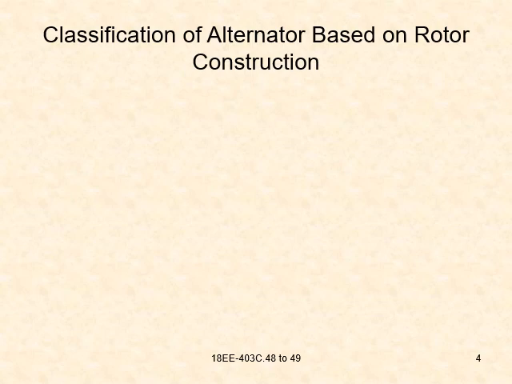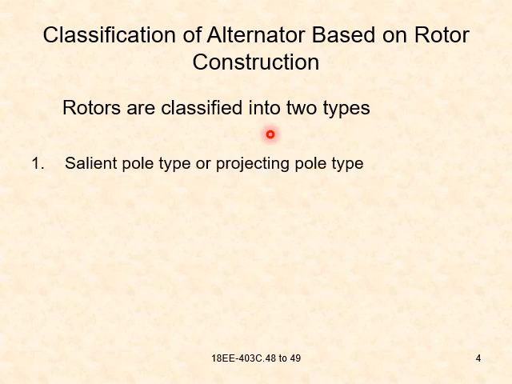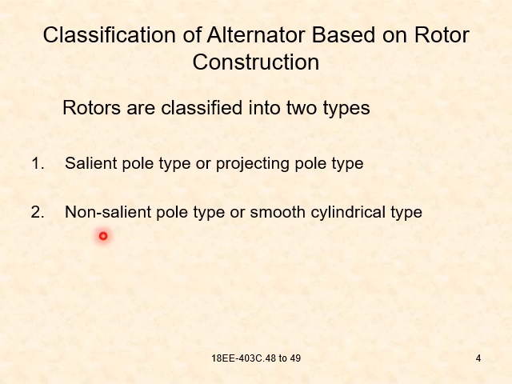The classification of alternators based on rotor construction is that rotors are classified into two types. Already we have seen in the last class: salient pole type or projected poles type, and the other is non-salient pole type or smooth cylindrical.